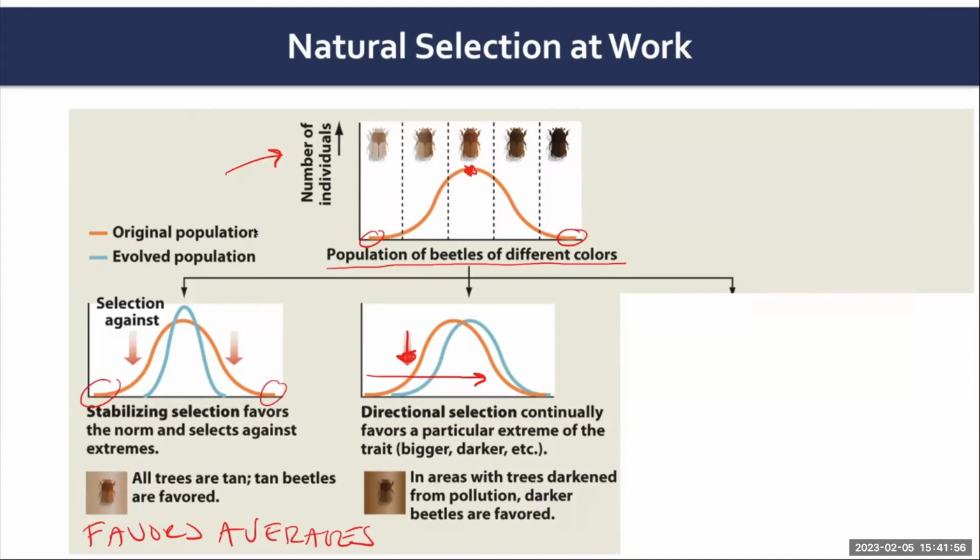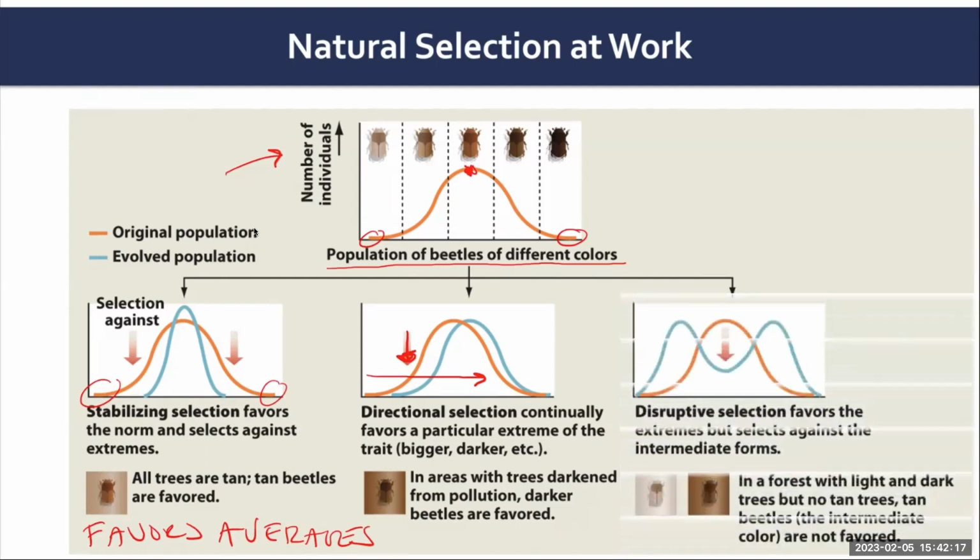This is when populations generally get bigger over time, or darker over time, or lighter over time. It pushes it in one direction. So if the trees, like in the industrial melanism example, darkened from pollution, we would expect darker beetles to be favored.